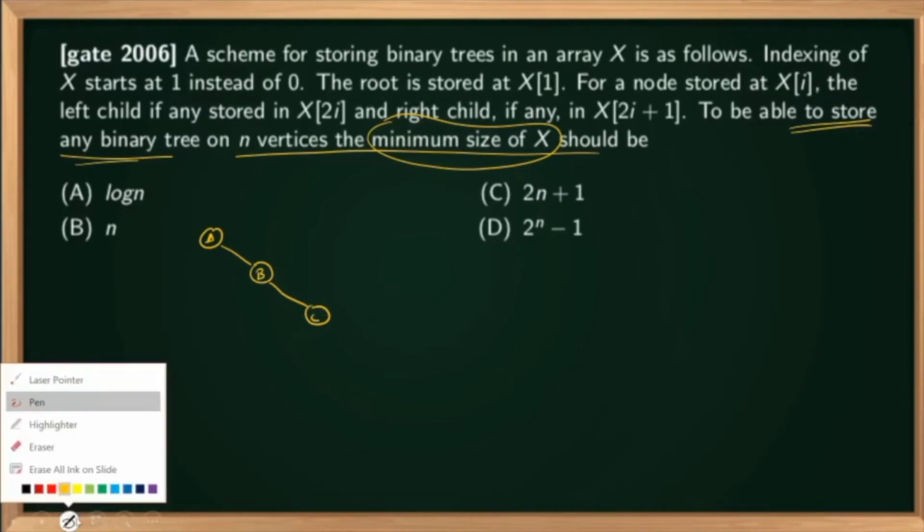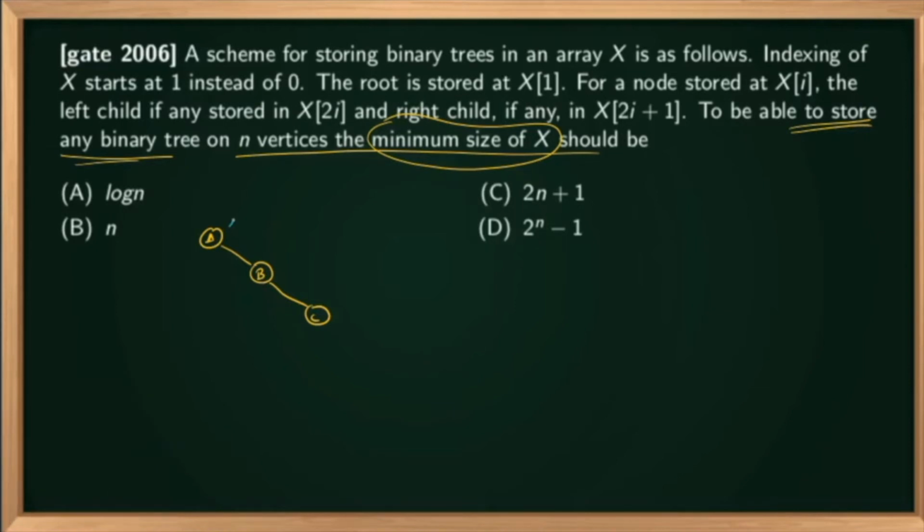Then A will be stored in index 1, and we will leave a space for its left child. Then B will be stored in index 3. This should have been stored in 2, but it's blank. Then we will keep a space for 2's left child, then 2's right child, then 3's left child, then B's right child.